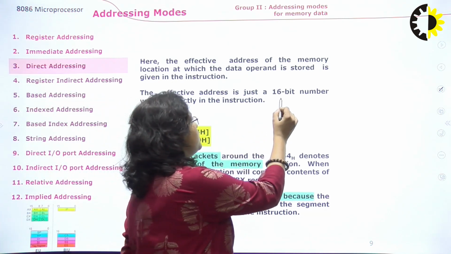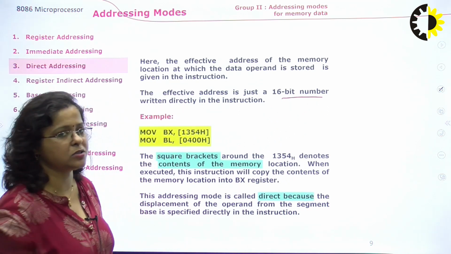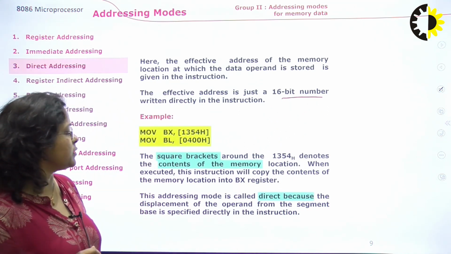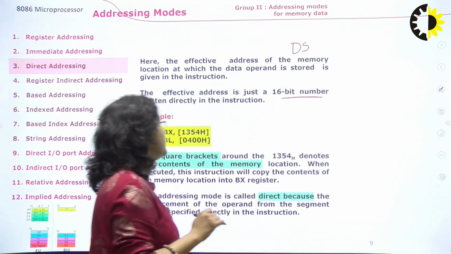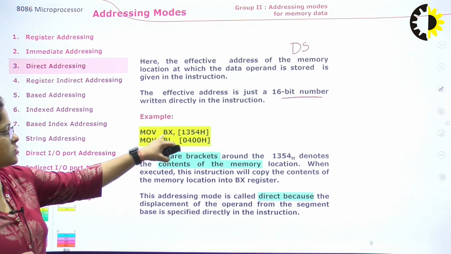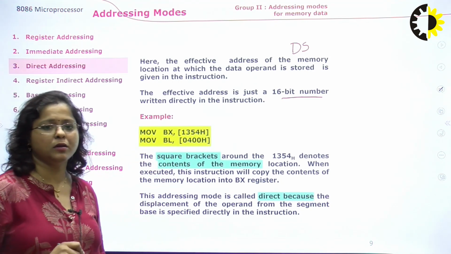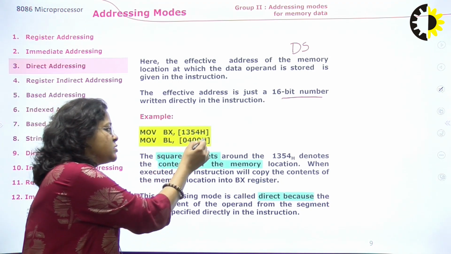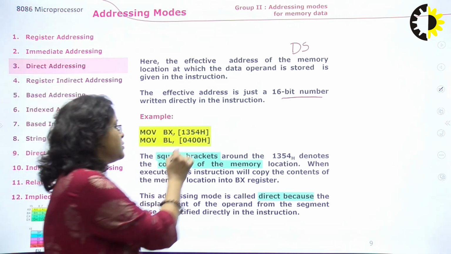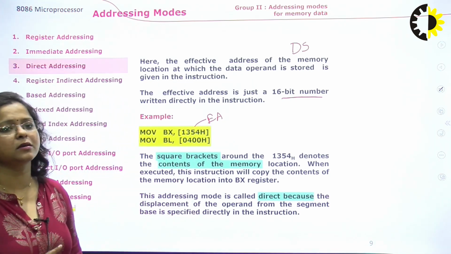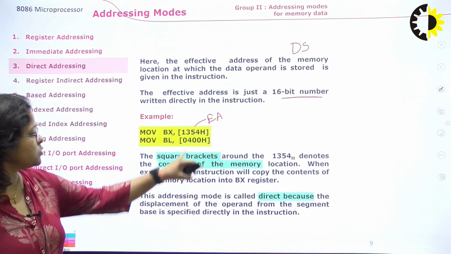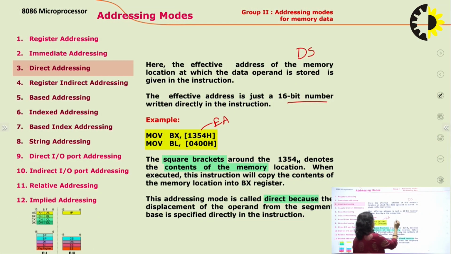It is just a 16-bit number specified in the instruction, and by default the segment register will be the data segment. So for example, if the instruction is MOV BX, [1354], as this 1354 is in square brackets, it is the effective address. If there are no square brackets, then it is immediate data. So now the physical address will be calculated by DS times 10 plus 1354.